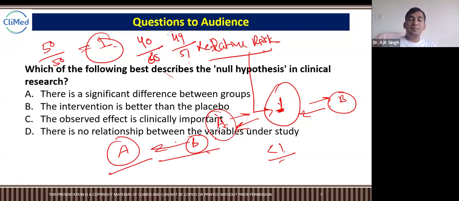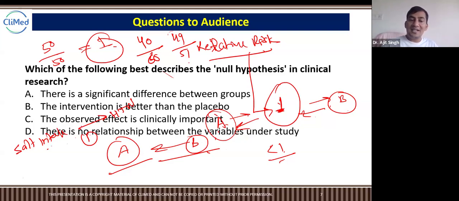Negative impact means, I'll give you an example so you can understand. Salt intake and hypertension, right? If the relative risk is one, that means salt intake has no effect on hypertension.